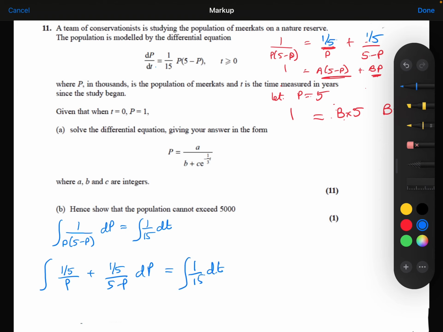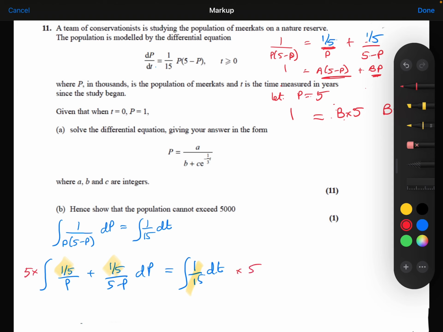Now, before I do any integrating, I'm just going to note something at this stage. I've got a 1 over 5 here, I've got a 1 over 5 here, and I've got a 1 over 15 there. So what that's going to allow me to do is simplify that by multiplying each term here by 5.